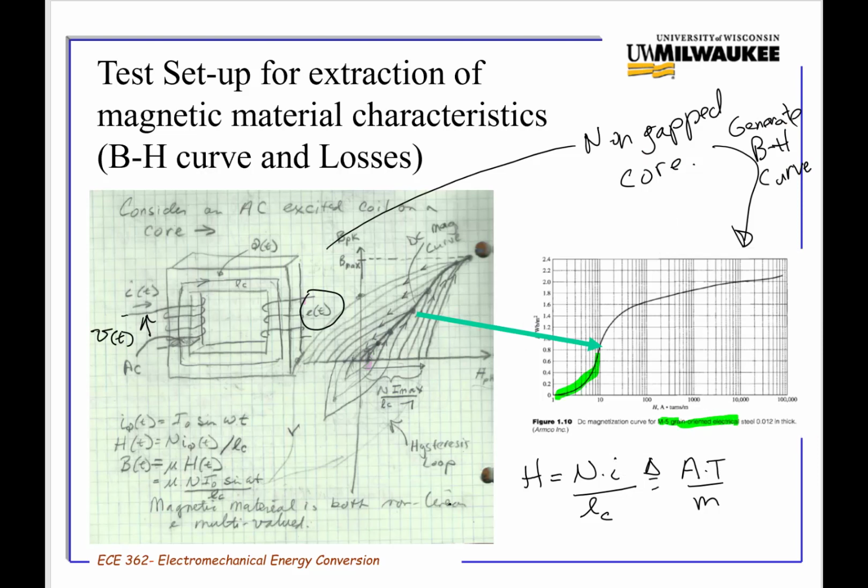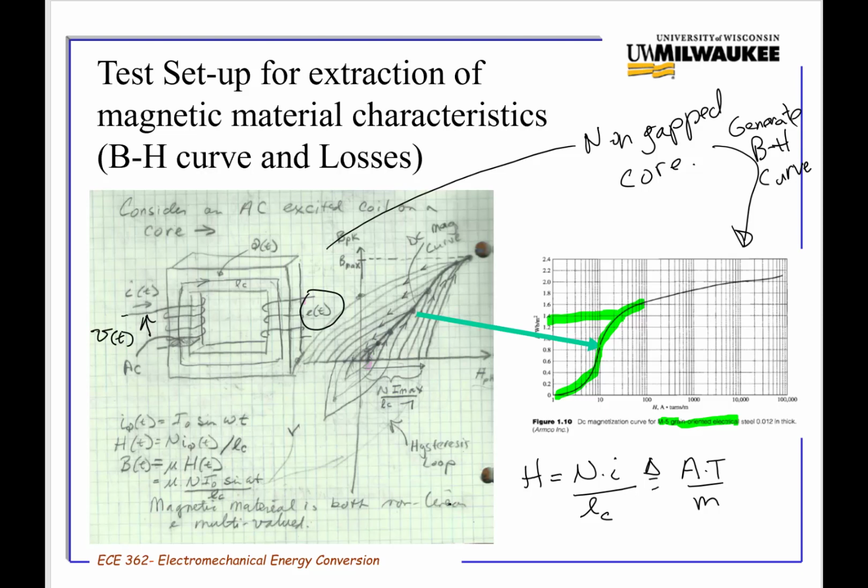Notice that this is the linear region of the curve, and this is the knee right here, but it isn't a straight line. That's because the x-axis is in log. It's a log x-axis, so don't be confused by that.